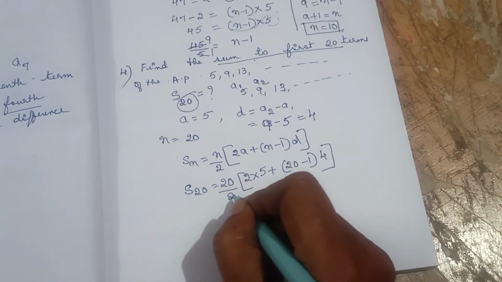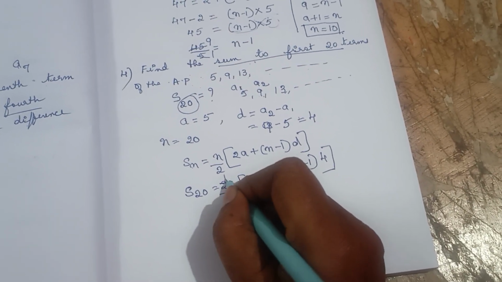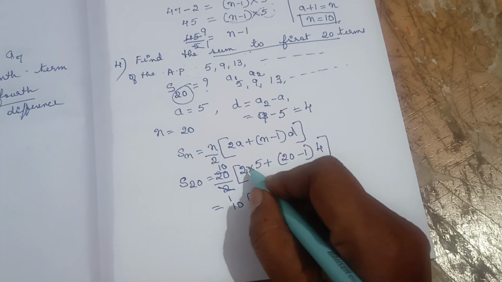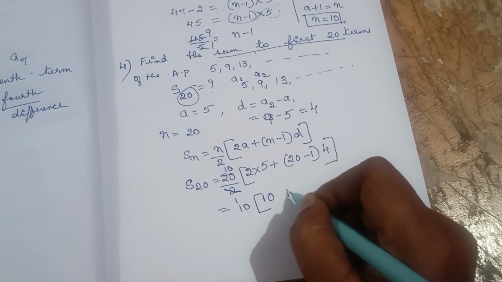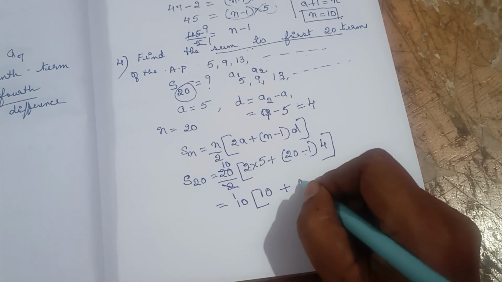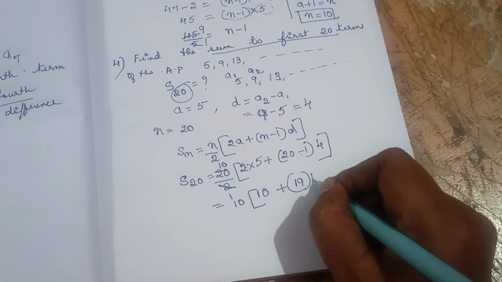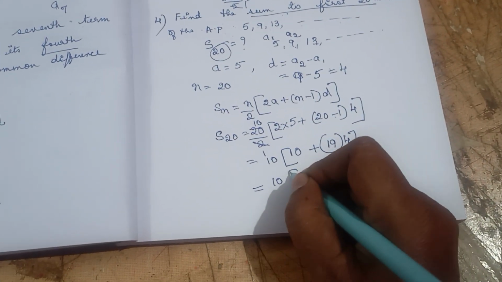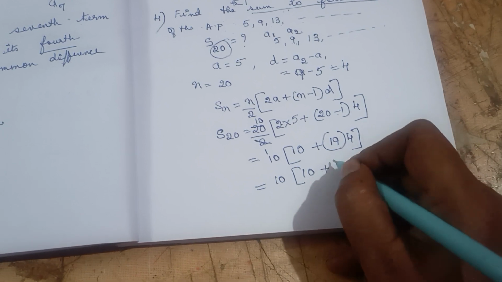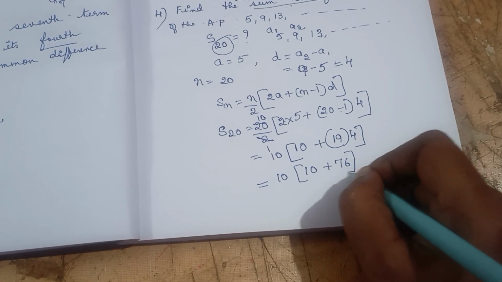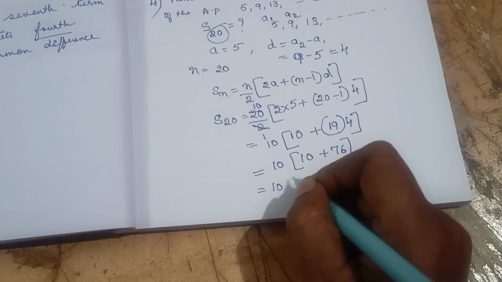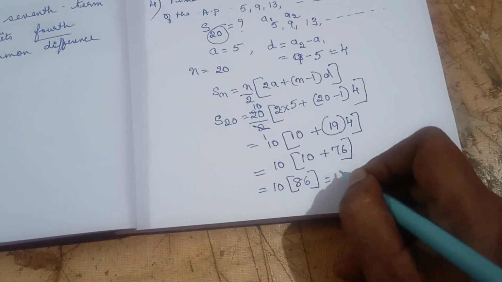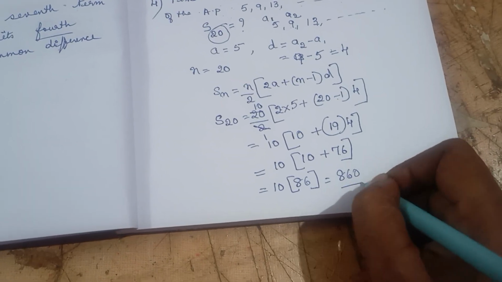Close the bracket. You can cancel here. 2 tens are 10. So this will be equal to 10. Open the bracket. 2 fives are 10 plus 20 minus 1 is 19 into 4, which is equal to 10 plus 19 fours are 76. So 10 into 86 is 860.